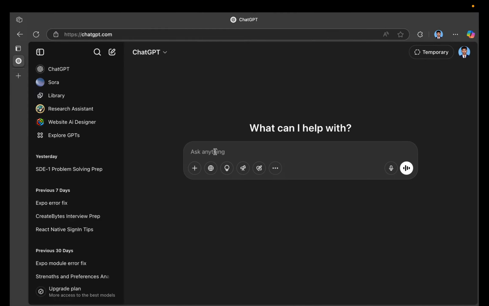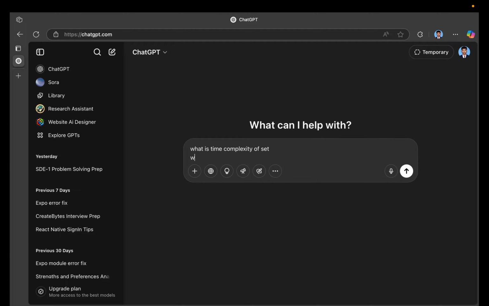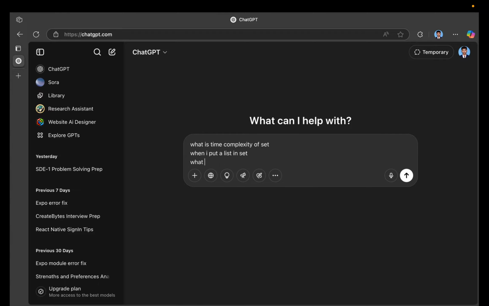We have ChatGPT. What is the time complexity of set? When I put a list in a set, what will be the time complexity and space also?